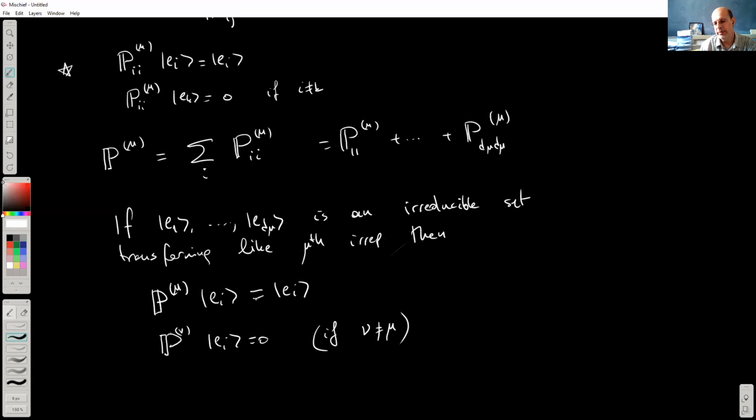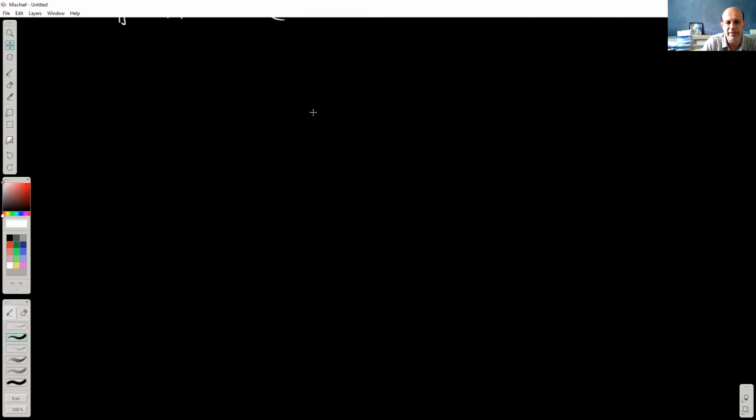So all vectors in an invariant subspace that corresponds to that representation will be invariant under these. Whatever, I'm going to show some other properties in here. So let's say it like this.